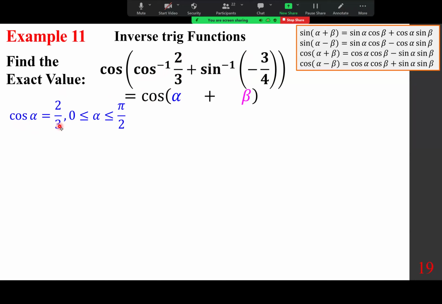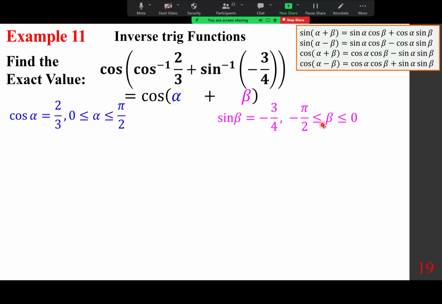So this is in the first quadrant because it's positive. In the second quadrant, cosine is negative. On the other hand, sine inverse covers the fourth quadrant and the first quadrant, and because it's negative, it's in the fourth quadrant. So sine of beta is negative 3/4, and it's in the fourth quadrant.